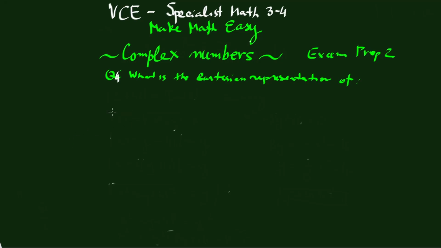Question 5 is: find the equation of the representation on the graph.